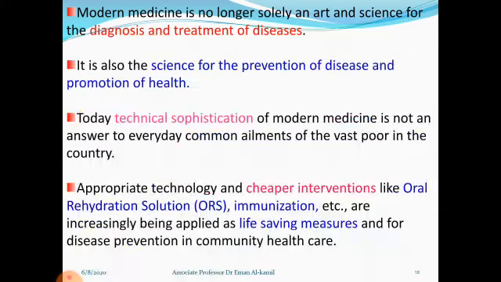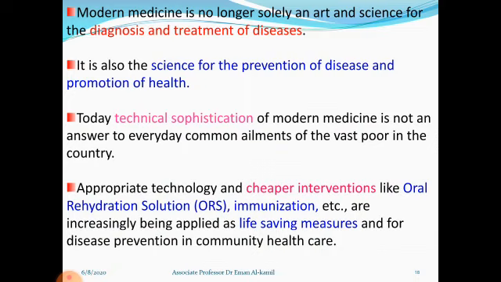Modern medicine is no longer confined to the treatment of disease, but also the prevention of disease, not only in the individual patient but in the community as a whole. So it is also the science of preventing disease and promoting health.